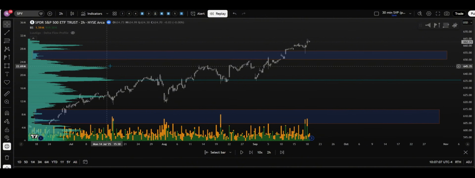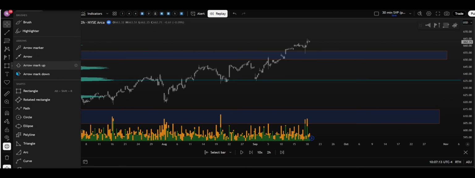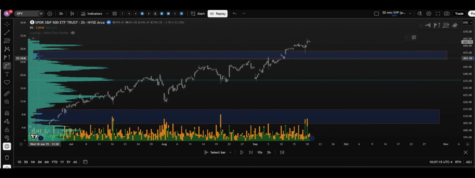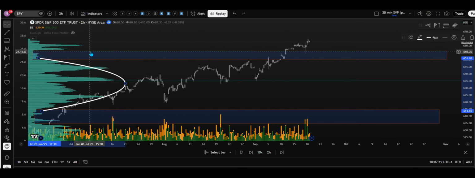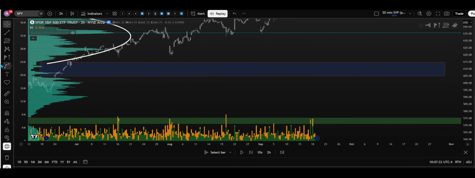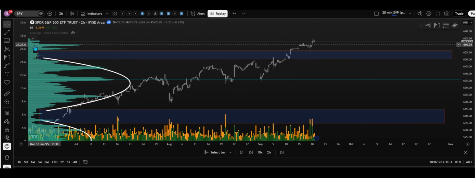So while these are individual areas of trading, these larger low volume node gaps separate these larger areas. So for example, this area can be considered as a unit of area. This area down here can be considered a unit of area.